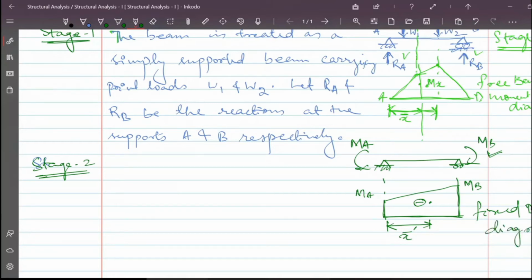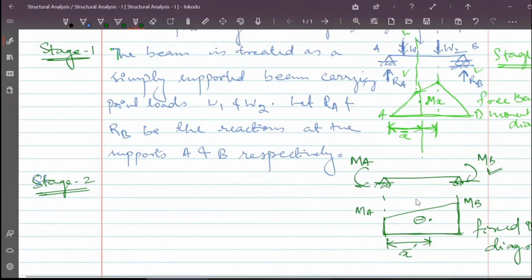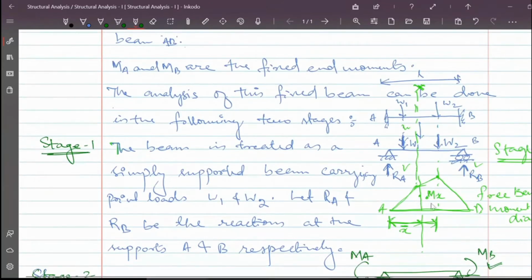Yeah, someone was asking some doubts. Please. Sir, first free bending moment diagram you have drawn, no, sir. Yes. That slope starts to change from A to W1, no, sir. Okay.